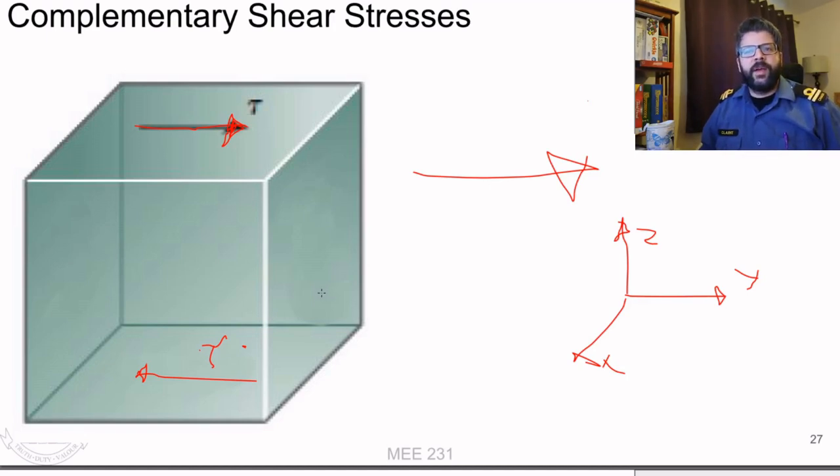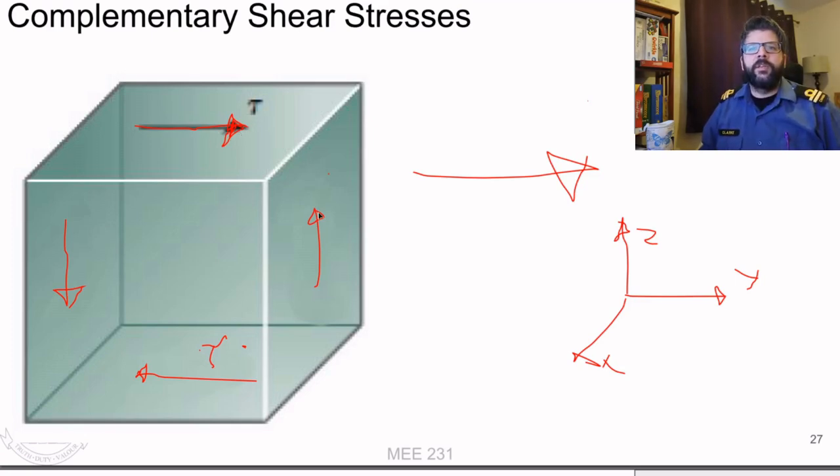The way that happens is we develop on these faces an equal and opposite shear stress that counteracts that moment. So again, the value of this stress here is the same as the value of this stress here, which is the same as this one, which is the same as this one.